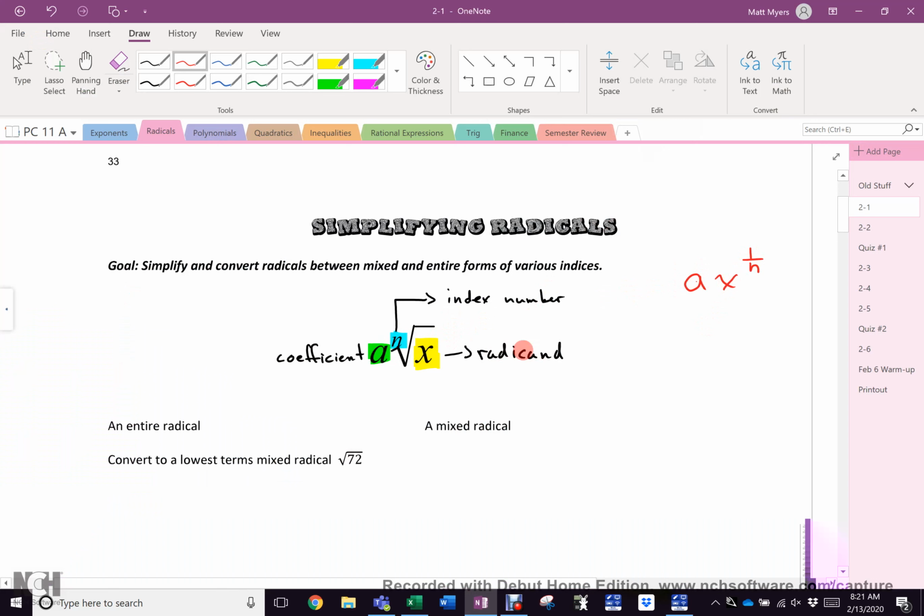We know what a radicand is. We were dealing with that in the last unit, the very end of exponents. This index number, most of you probably forget what that means.